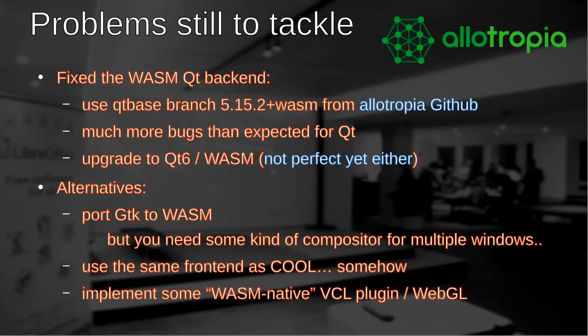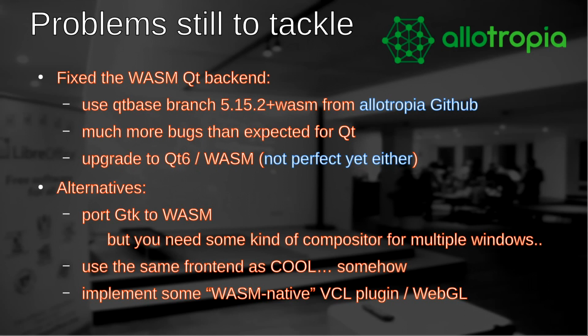Qt backend, as I said, it was irritatingly bad quality, so we had to fork that and patch that. Qt 6 could be interesting, but it also needs porting LibreOffice to that first. The other alternatives are lots of work as well.